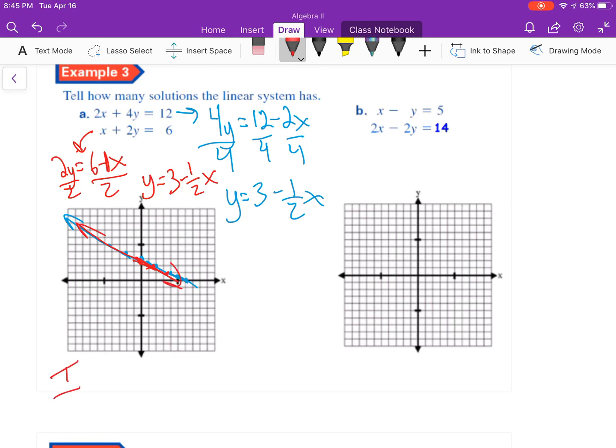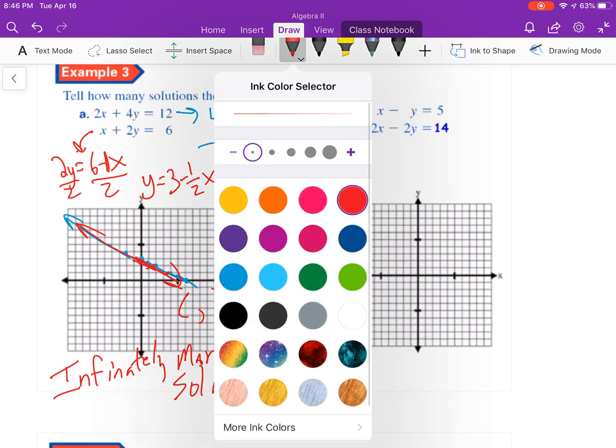So there are infinitely many solutions. As long as you pick an x and a y on that line, you're going to have a solution.